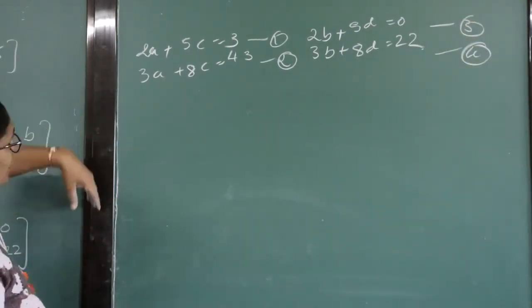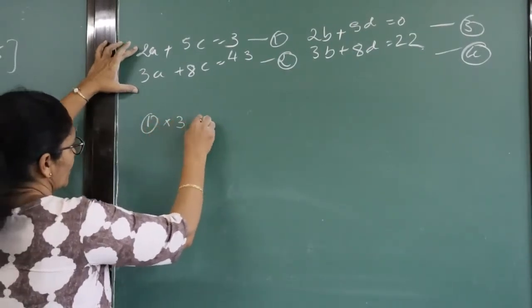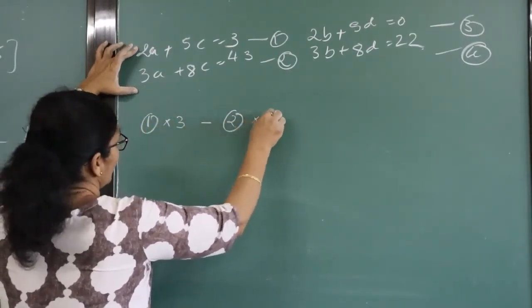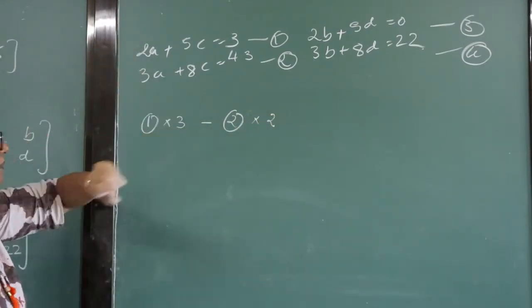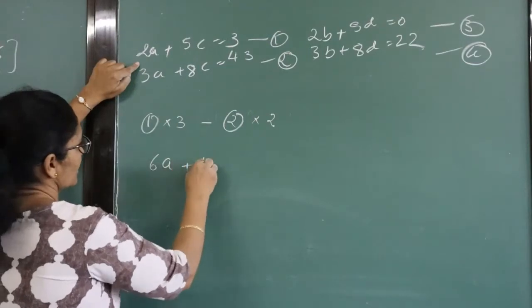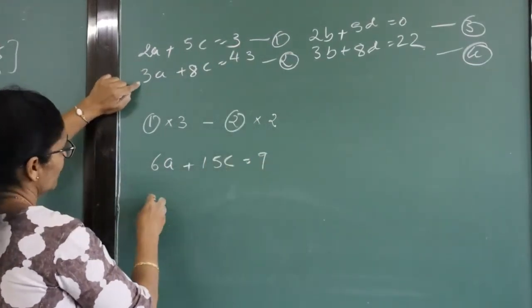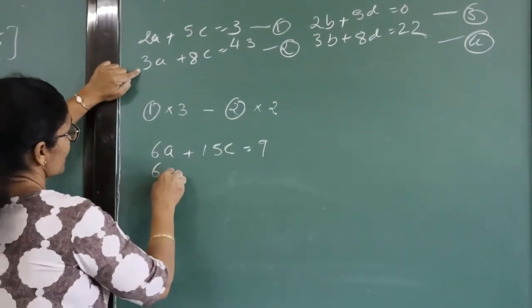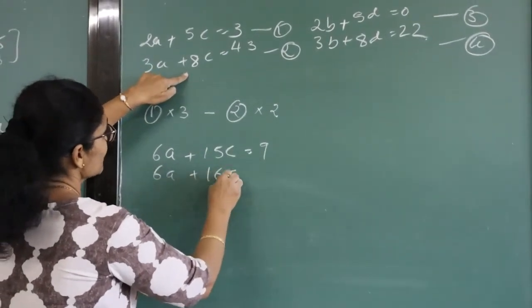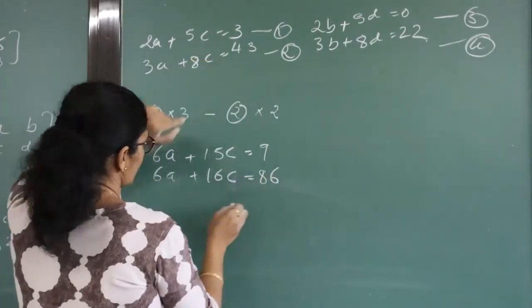Now let's start. First we eliminate a. So first equation multiply by 3, second equation multiply by 2, and then we subtract. 3 2s are 6a, 5 3s are 15c and 3 3s are 9. Similarly, 3 2s are 6a, 8 2s are 16c and 43 2s are 86.